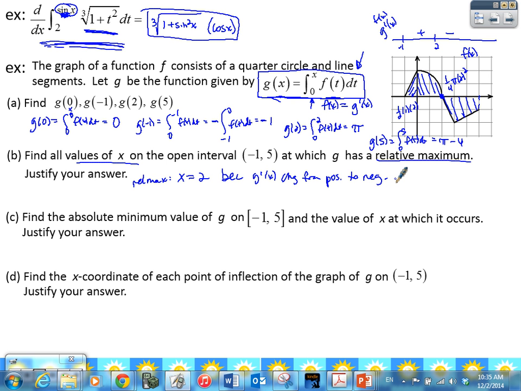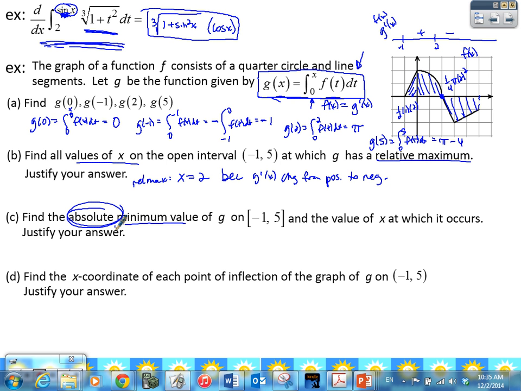All right, part C, absolute. We did one of these yesterday. Absolute means candidates test, period. That word absolute should immediately trigger the words candidates test in your head. Whenever you see the word absolute, you need to think candidates test. So we need to find the absolute minimum using the candidates test. What are the candidates?